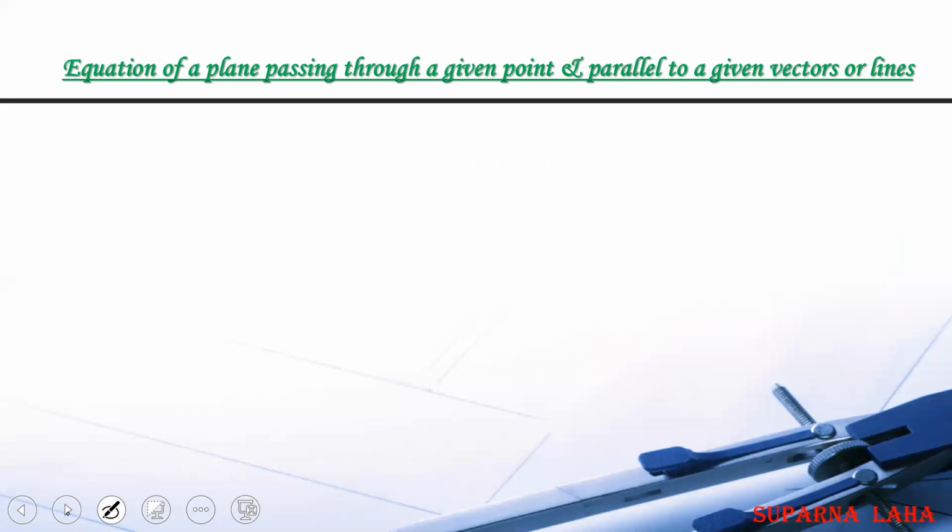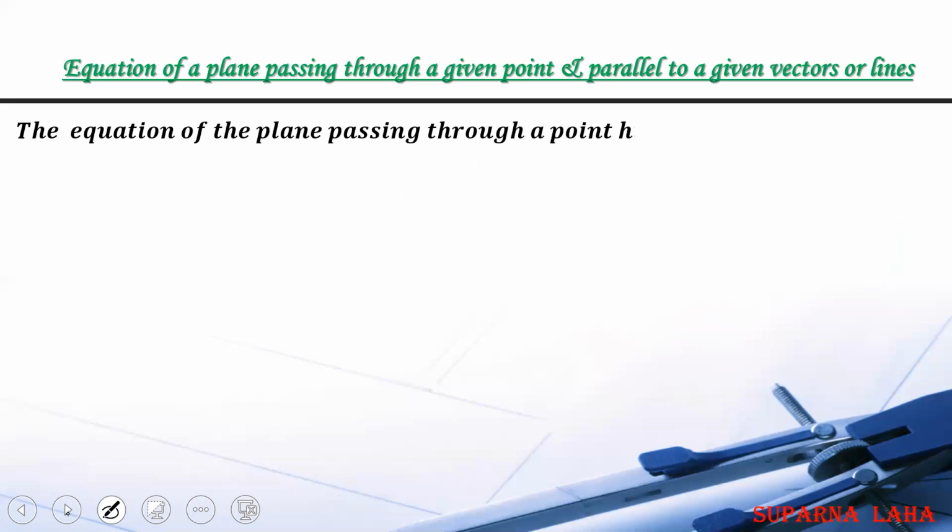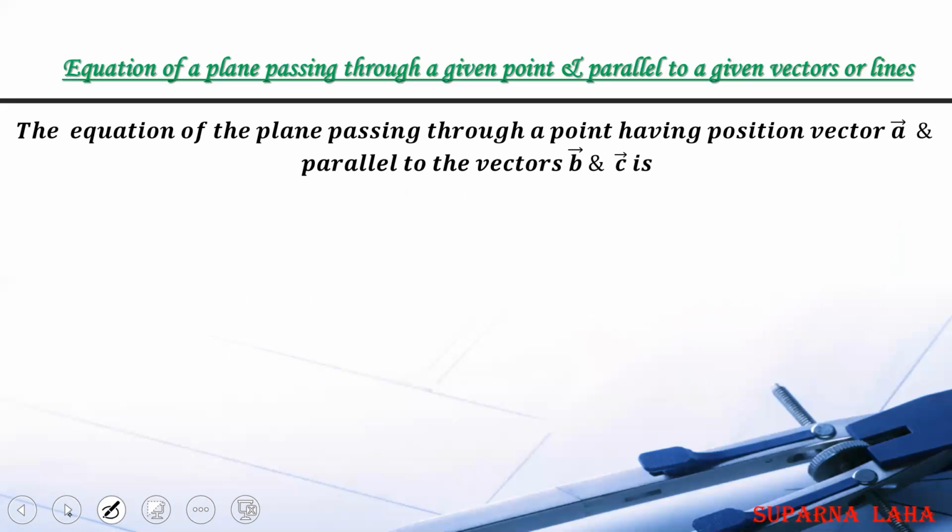Now, what is the non-parametric form of the plane which is passing through a point whose position vector is A and parallel to the vectors B and C? Its equation is given by the dot product of these two terms being 0, in this vector representation.